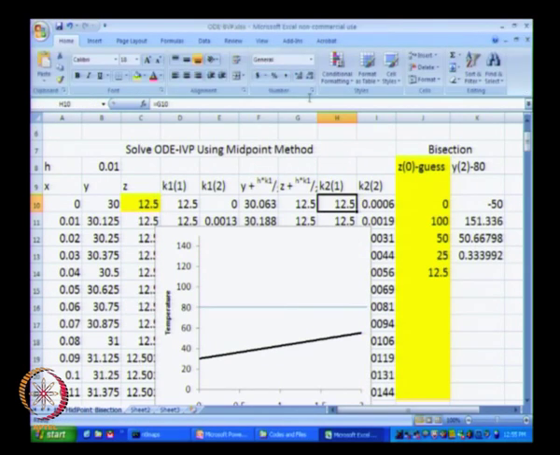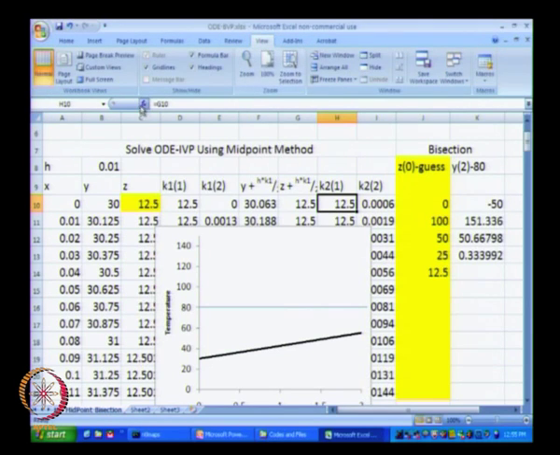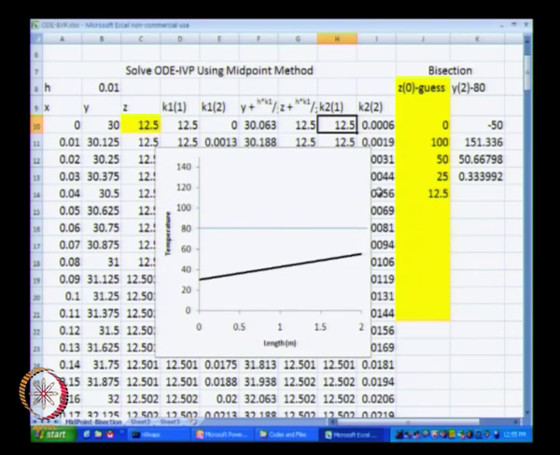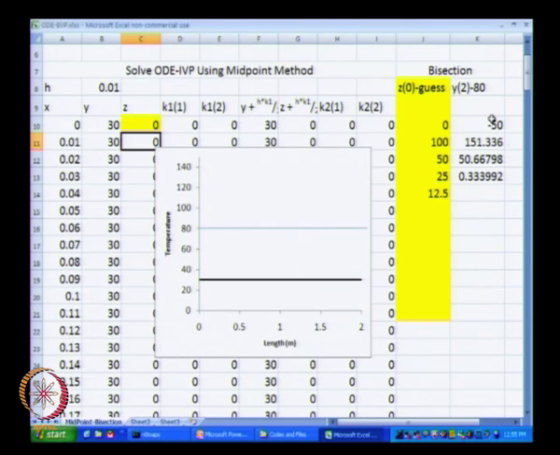Okay. So, this thin line is our target, that is the target we intend to reach, and we go to full screen mode. Okay. So, initially when we had our Z0 equal to 0, our temperature remained flat, that is, the thick line is the temperature profile, it remained flat, and we were shooting much below the intended value of 80.